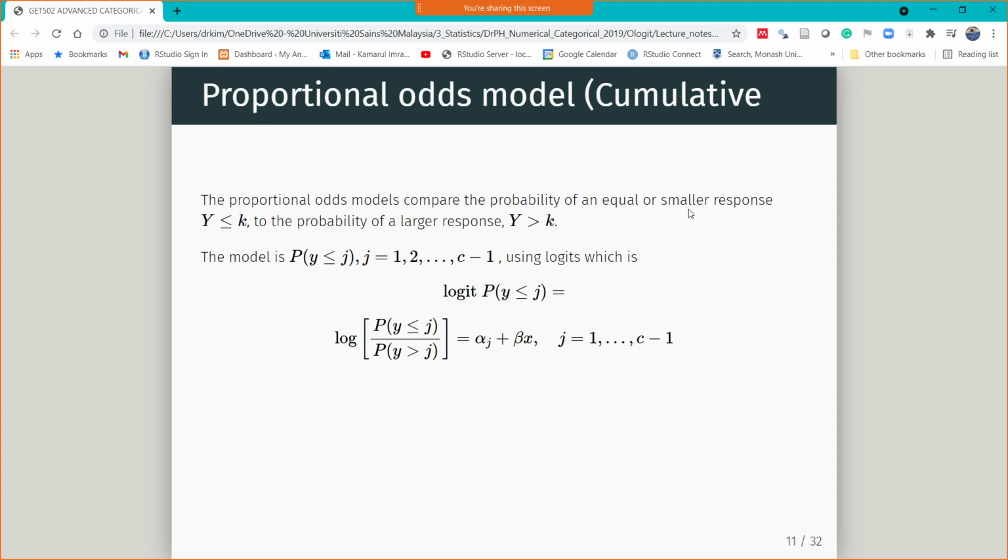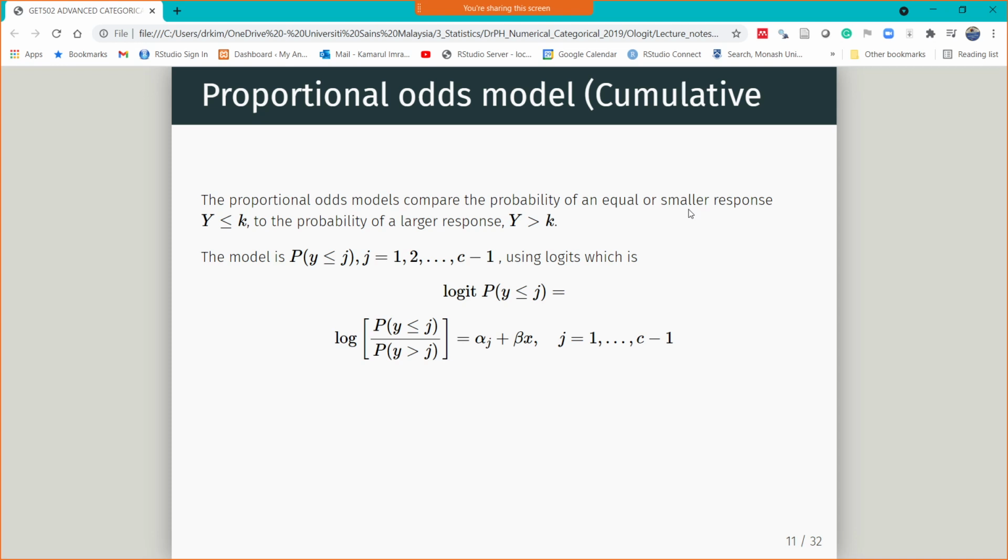I think that is the same approach in software like Stata. However, I think SAS has a different approach. It compares the larger response to the equal or smaller response.